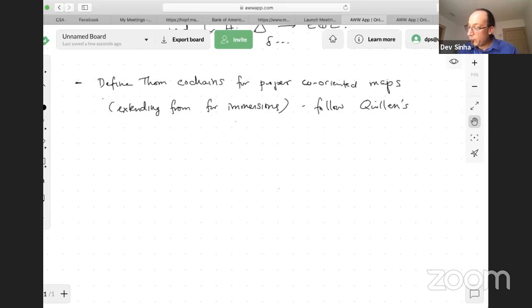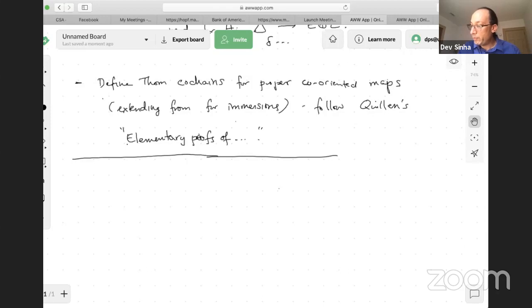Quillen did this in his paper, Elementary Proofs of Some Results in Cobordism Theory. So those are some thoughts. Be happy to discuss with people if they had a reason to want to further develop things rigorously.